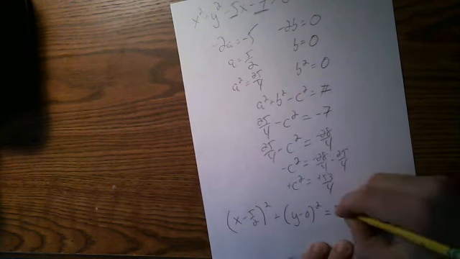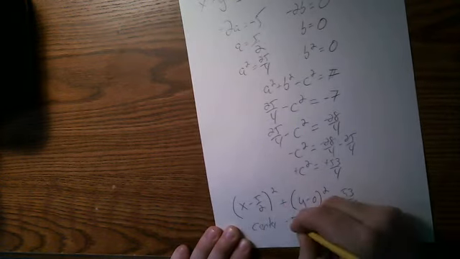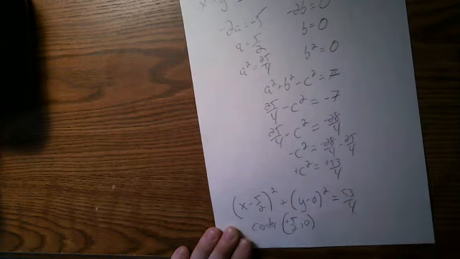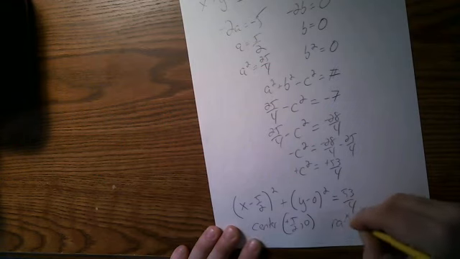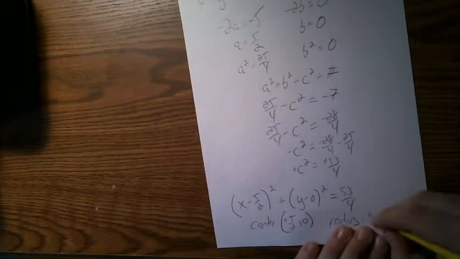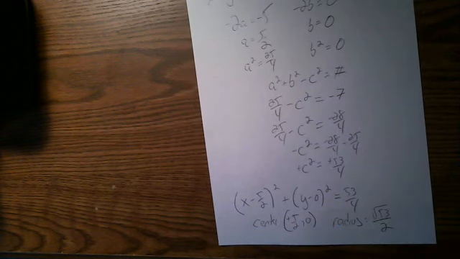So that's c squared, that's what's in the equation. However, the center is 5 over 2, make it the opposite sign, 0, and the radius is the square root of that number. So radical 53 over 2. And if this radical can be broken down, make sure you do so.